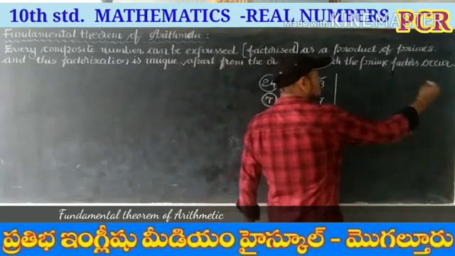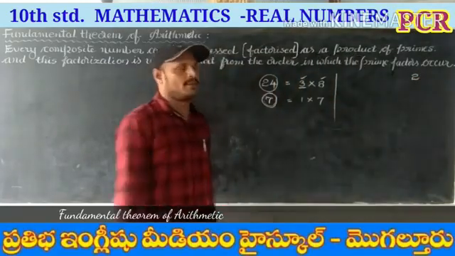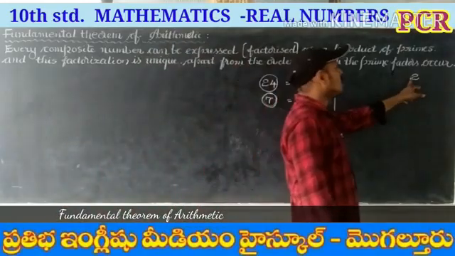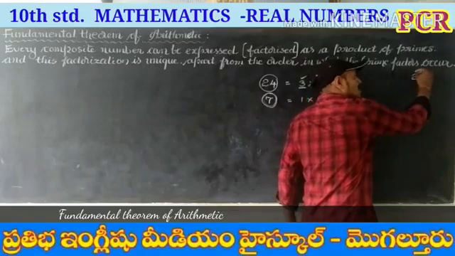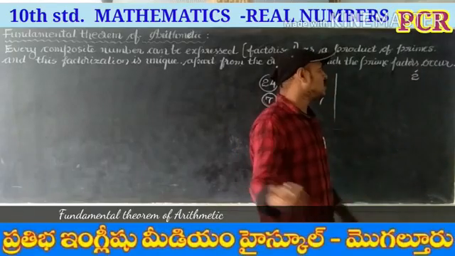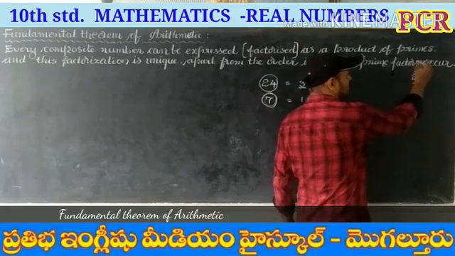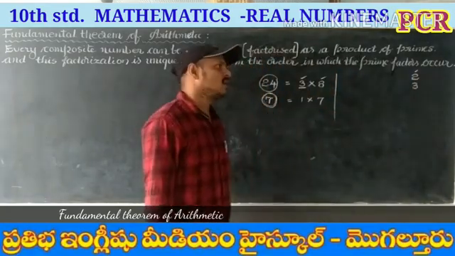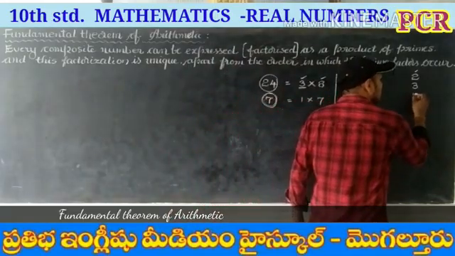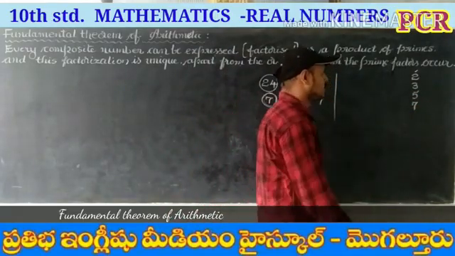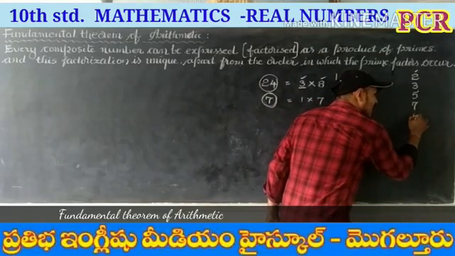Some prime numbers: the first prime number is 2. We can write 2 as 1 into 2 only, so 2 has the factors 1 and 2. Next prime number is 3, which also has the factors 1 and itself only. Then 5, 7, and the next prime number is 11.